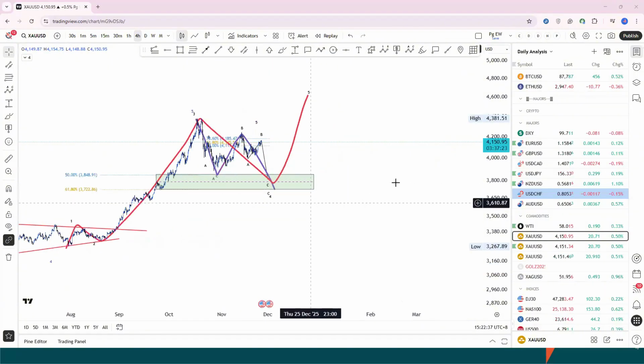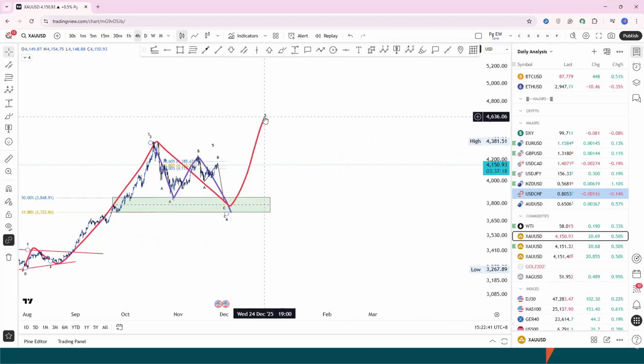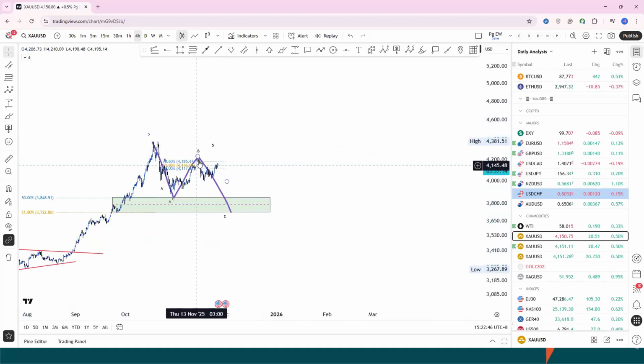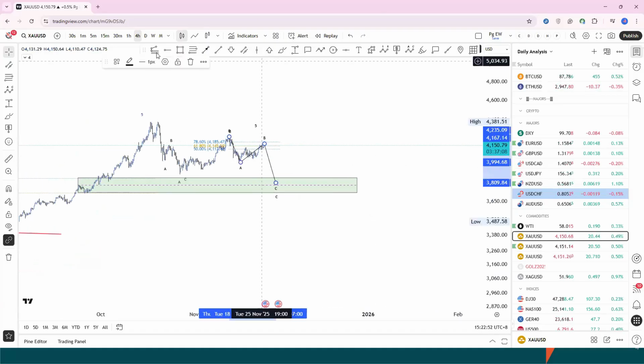Right? And from here, so that's why now we need to see what they are doing right now. Okay. And also I can see that they might be on the triangle, right?